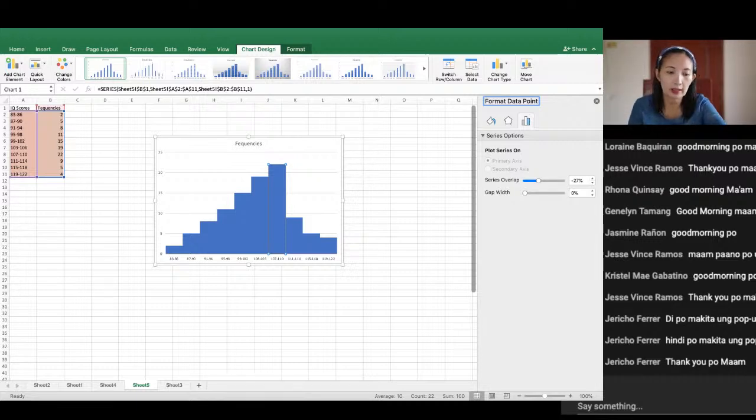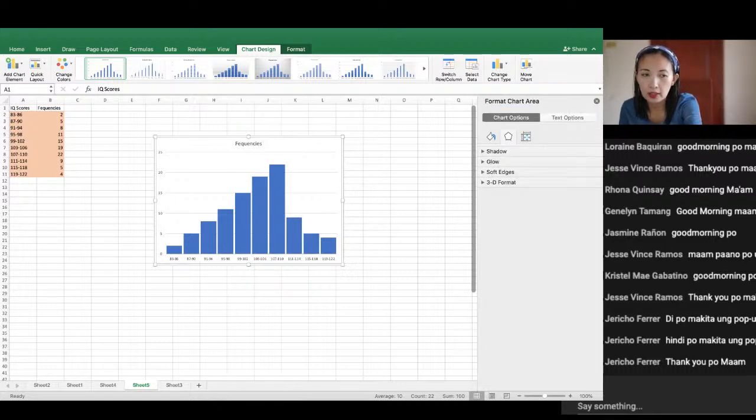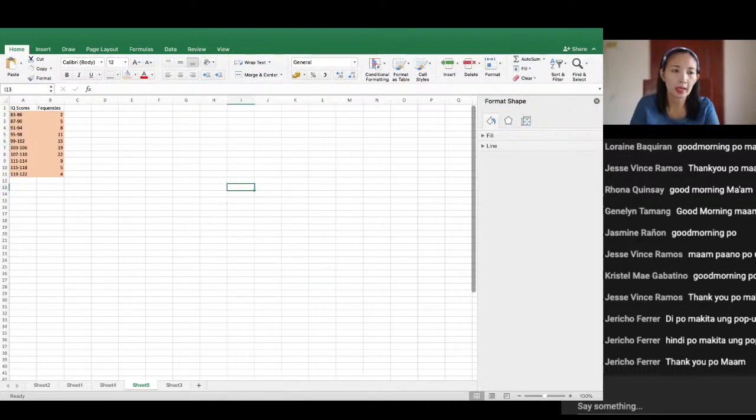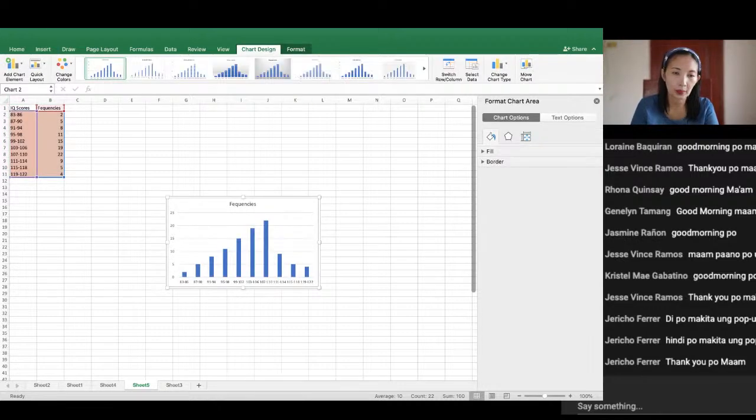Once again, undo, para ipakita natin kung paano nangyari. So let me delete muna natin. Once more, highlight the table, including the labels, go to insert, recommended chart, and the column type. Vertical bar graph.